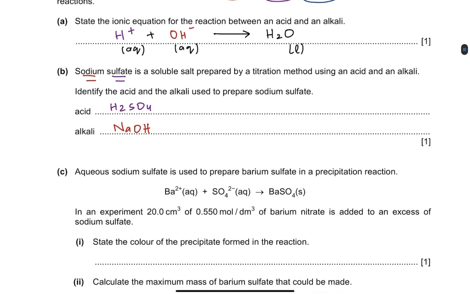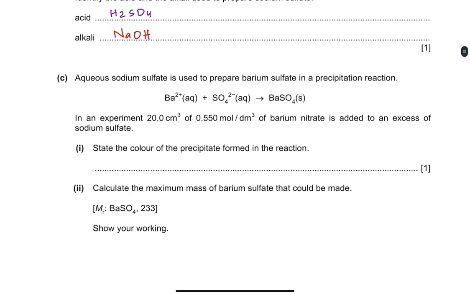Moving on. Aqueous sodium sulfate is used to prepare barium sulfate in a precipitation reaction. In an experiment, 20.0 cm³ of 0.550 mol/dm³ barium nitrate is added to an excess of sodium sulfate.